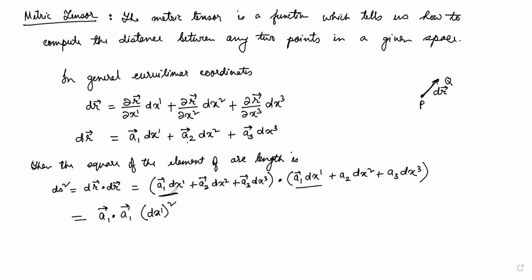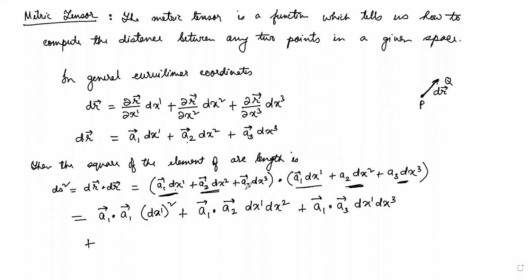Next, I take the dot product of this with the second term, so this will be a1 dot a2 dx¹ dx². Then with the third term, this will be a1 dot a3 dx¹ dx³. Then I'll take the second term and take its dot product with these three terms respectively.